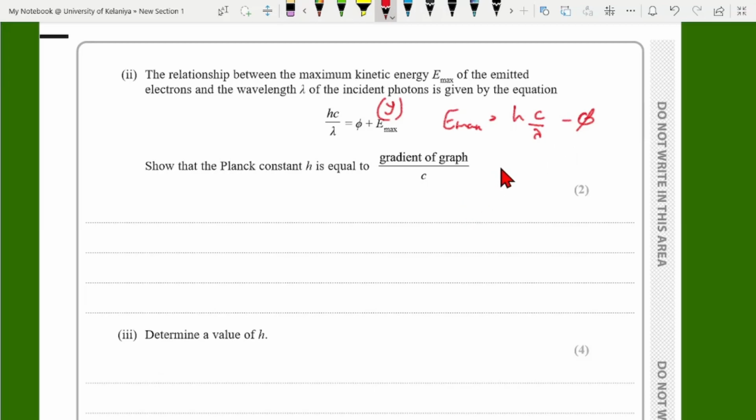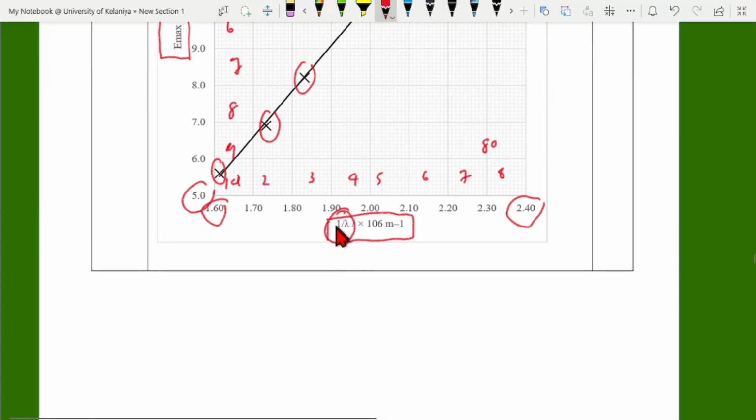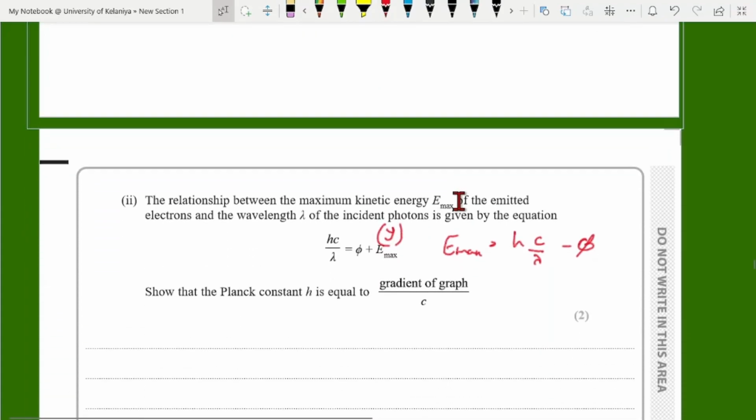Then we plot the graph for 1 over lambda. On the x-axis we have 1 over lambda. So I'm going to put my values like this, and 1 over lambda.